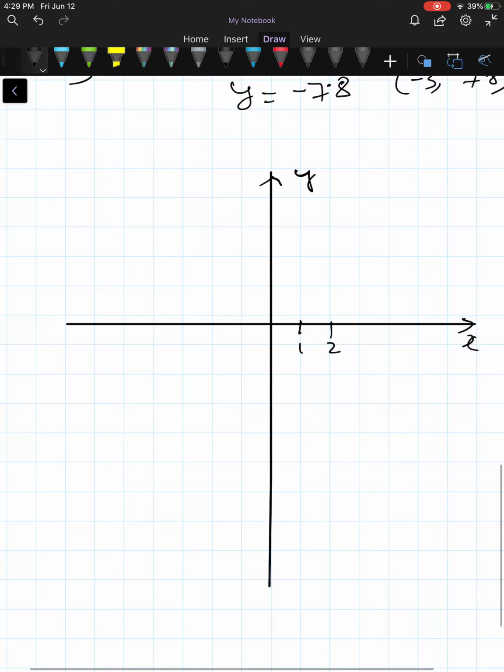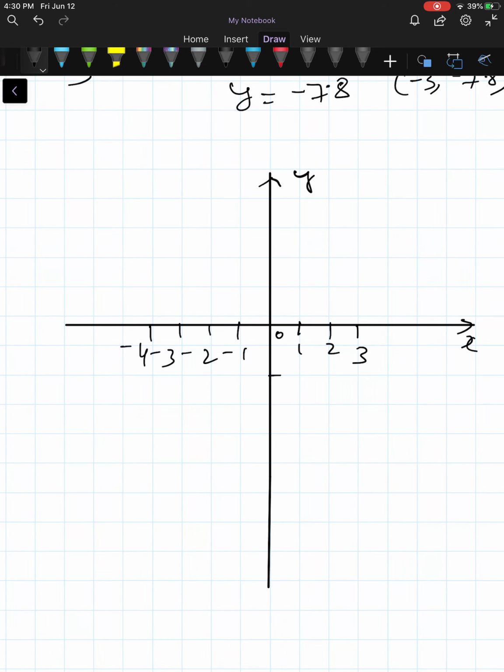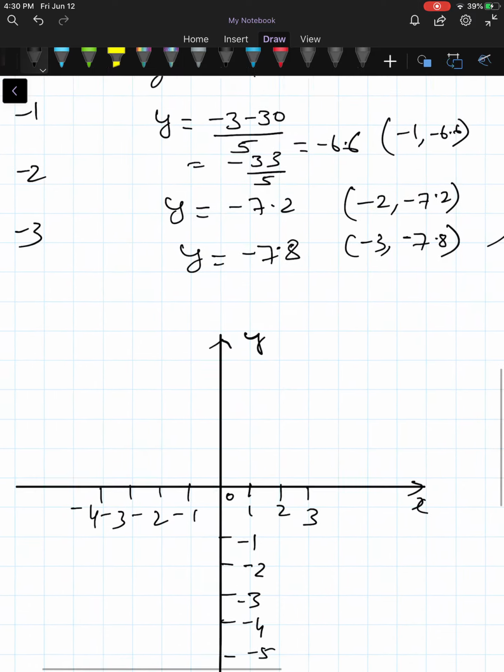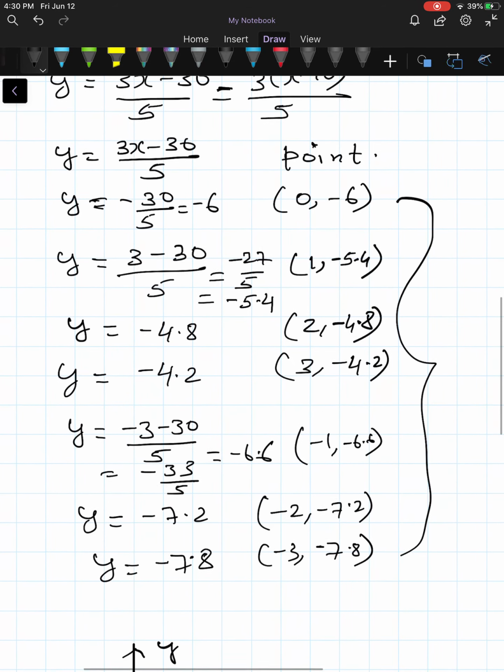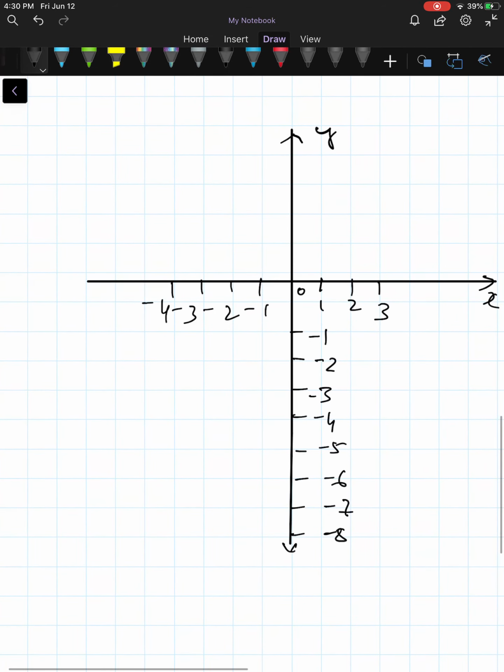So we have 1, 2, 3 and 0, and -1, -2, -3, -4, and here -1 on y, -2, -3, -4, -5, -6, -7 and -8. Exactly correct.